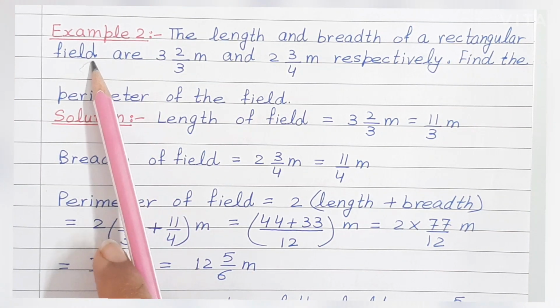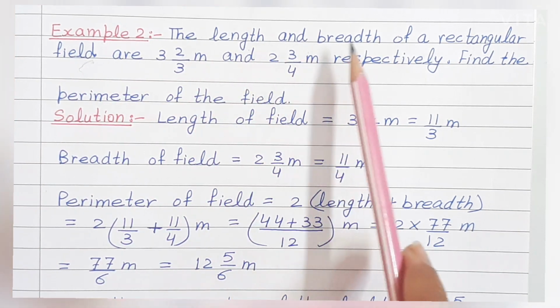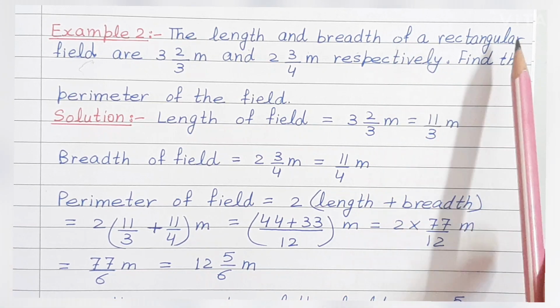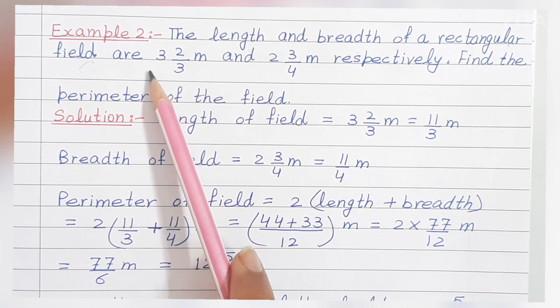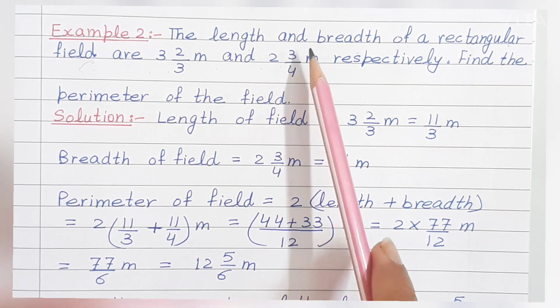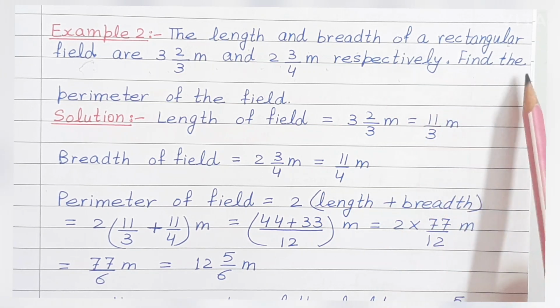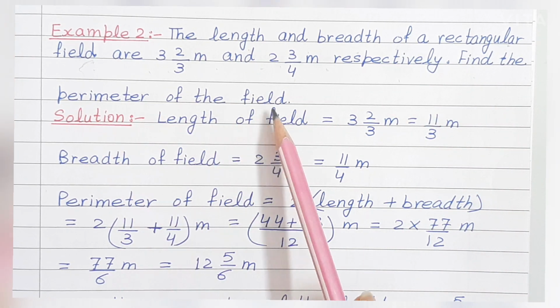Now let us discuss example number 2. The length and breadth of a rectangular field are 3 2/3 meter and 2 3/4 meter respectively. Find the perimeter of the field.